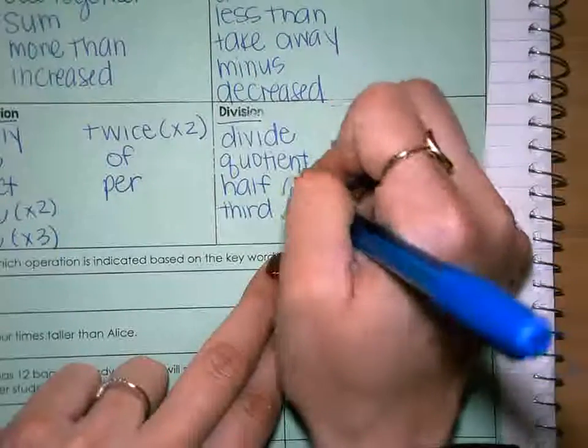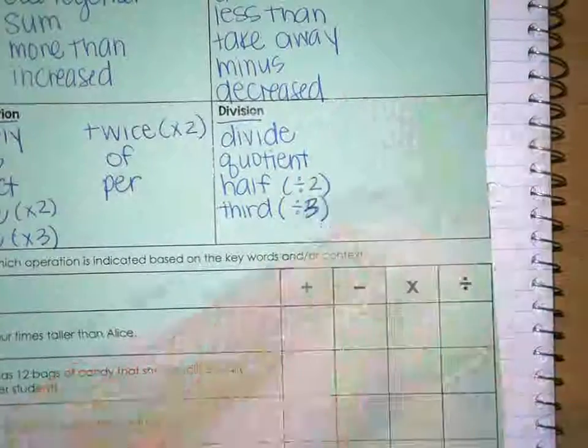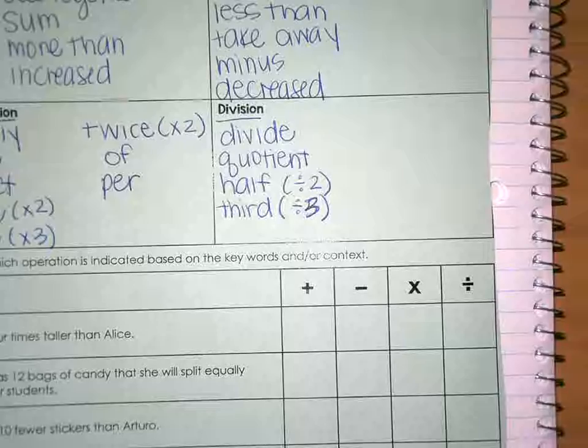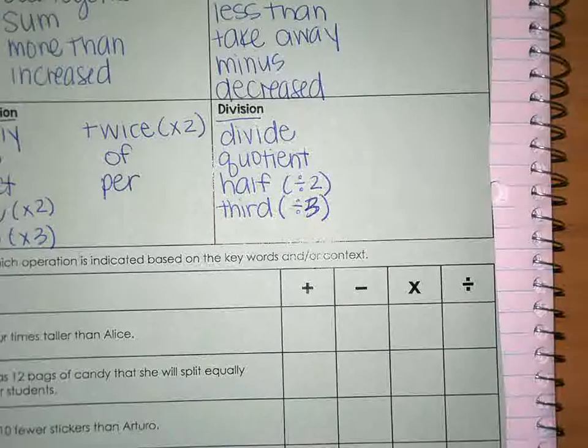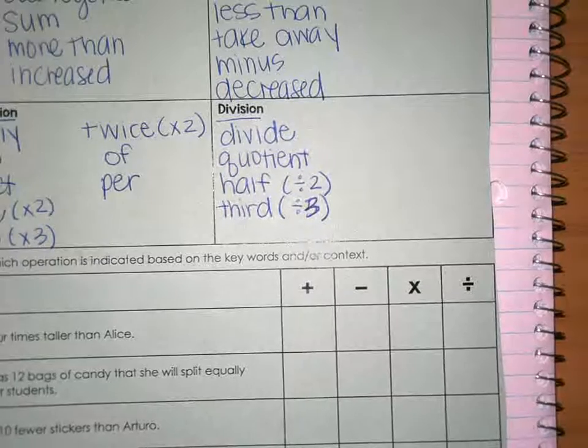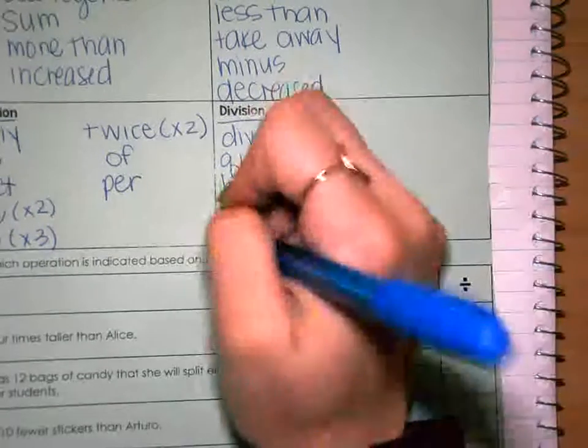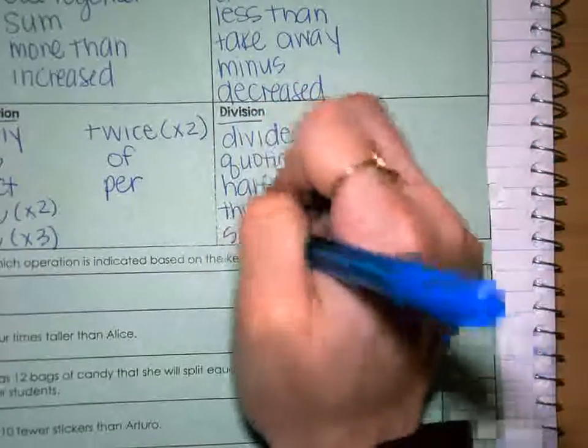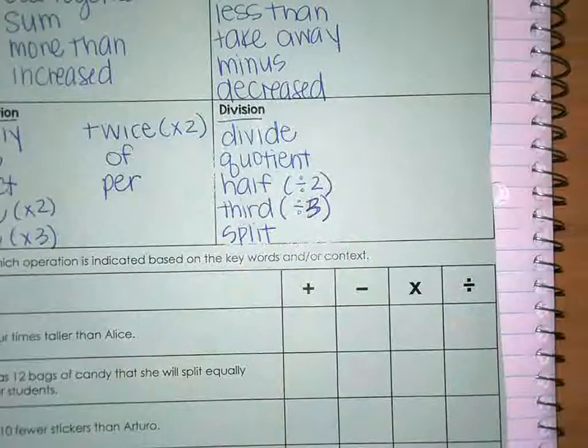I divide by 3. And so forth and so on. So you're not dividing by the fraction, you're dividing by the number 3 or number 4 or number 5, whatever you want to divide by. Last word we might see a lot come up is split. If you want to split something, there's that. Okay? Questions on these words at all?